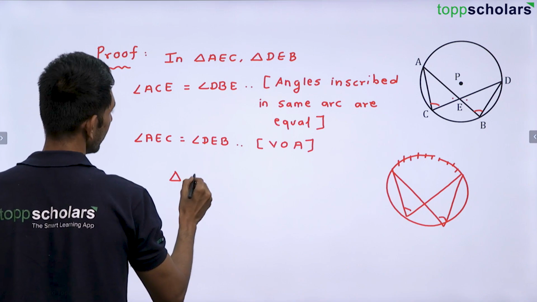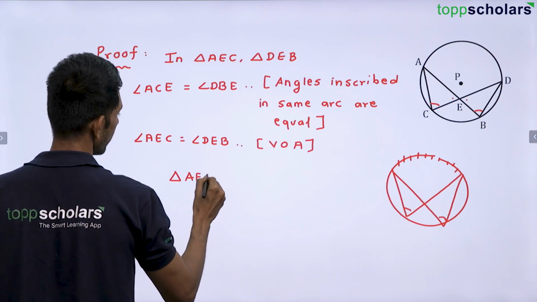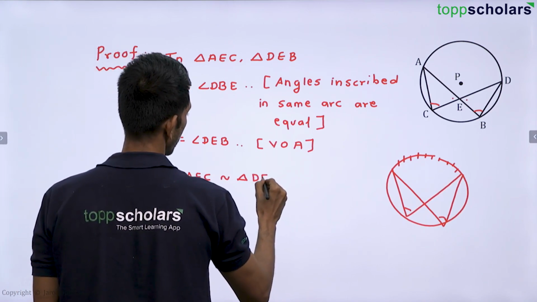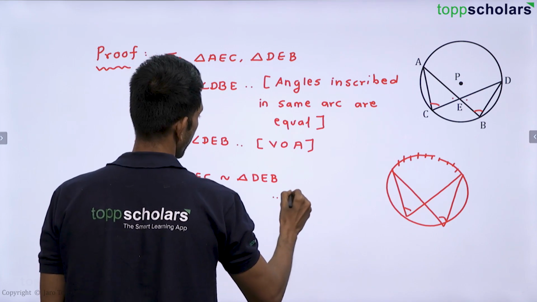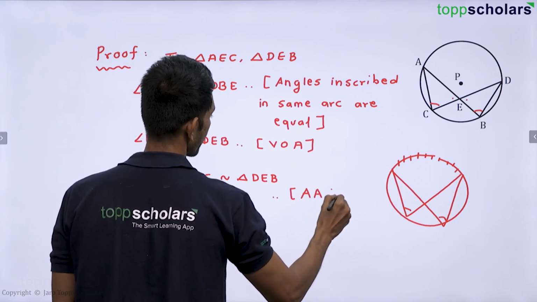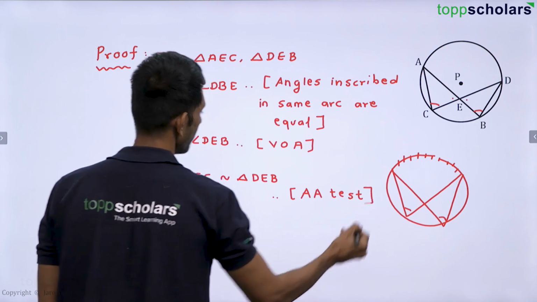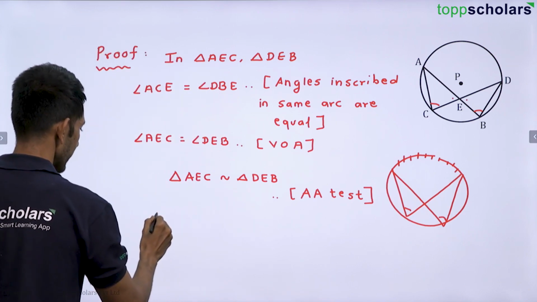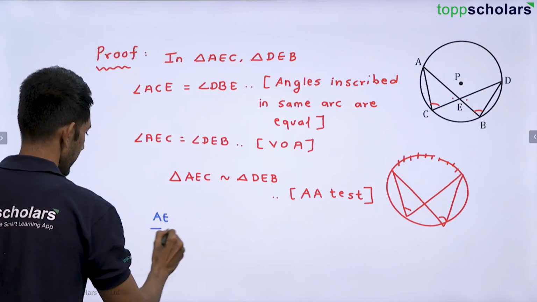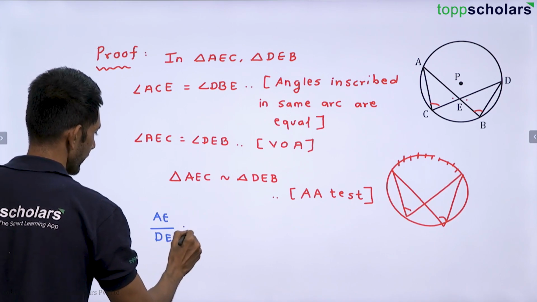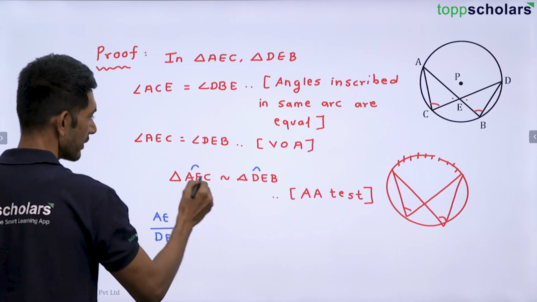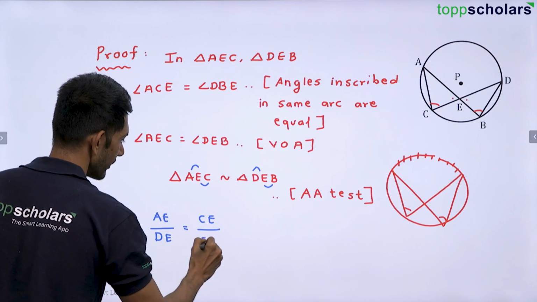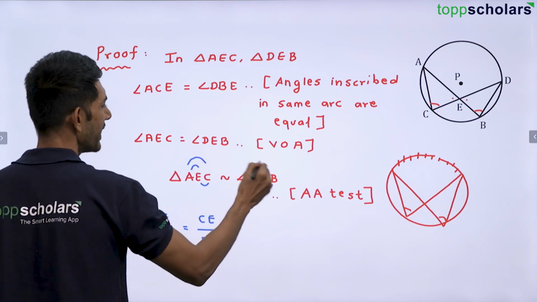So I can say triangle AEC is similar to triangle DEB, by AA test of similarity. Since they are similar, can I say the corresponding sides are in proportion? So AE by DE is equal to CE by BE, and the third one is AC by DB, which is not needed.